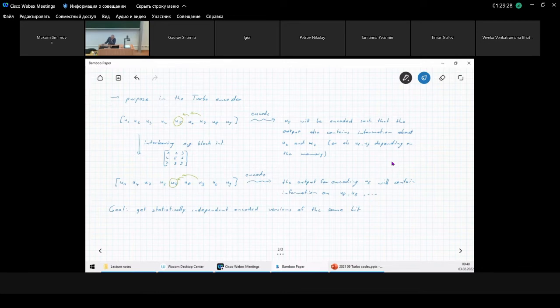It will become more clear as we look at the decoder, because then we will see the benefit of having these encoders.